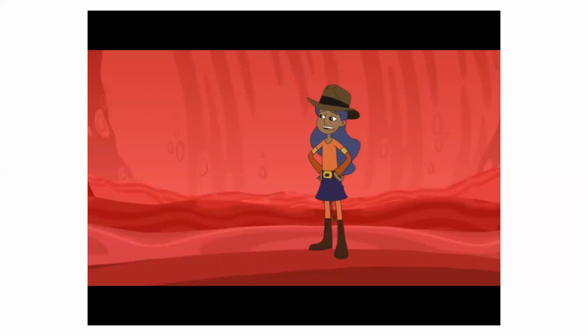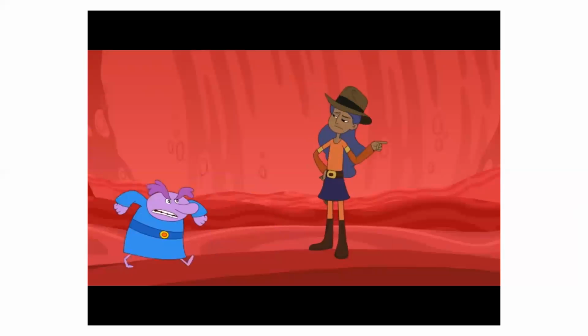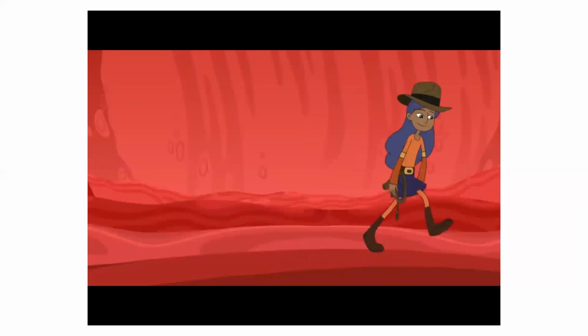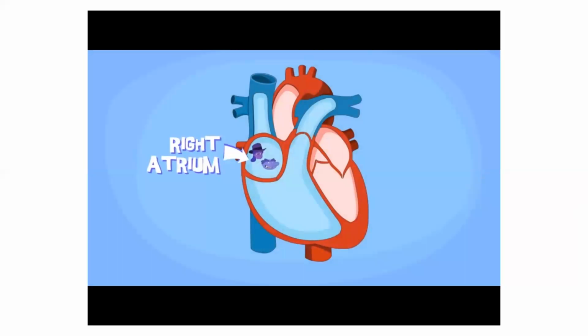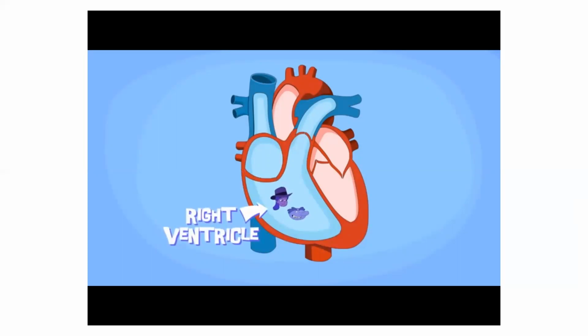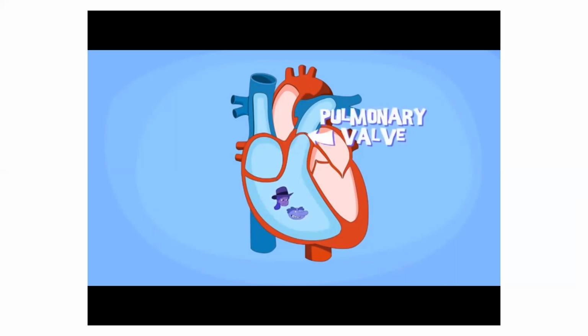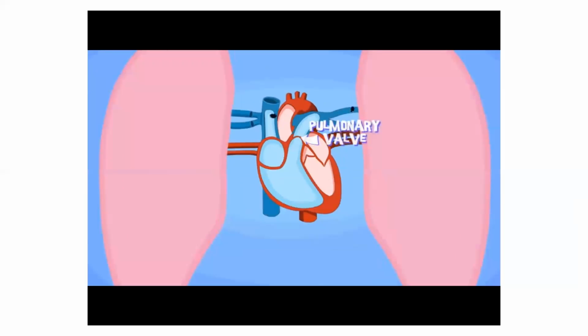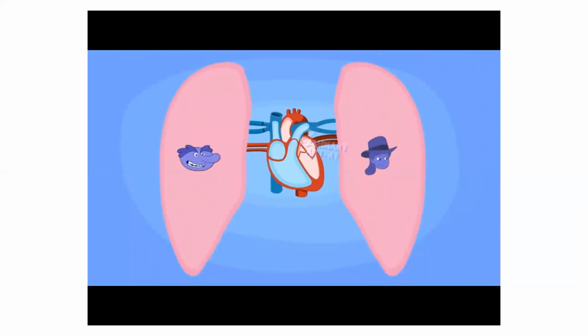Nerve, blood is going that way. Here we go. We started in the right atrium where the blood enters the heart. From there, we follow the blood through the tricuspid valves into the right ventricle. Valves keep blood flowing in the right direction. Next, it took us through another valve, the pulmonary this time, and through the pulmonary artery up to the lungs.